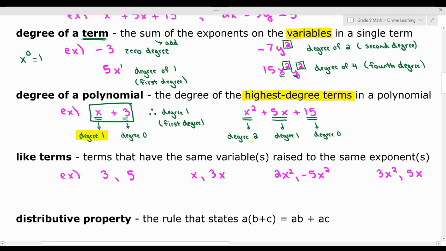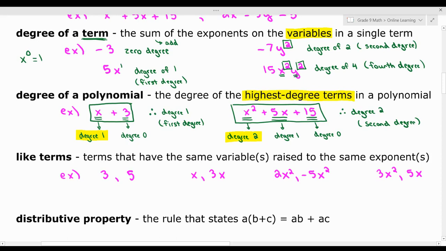And then again, so there's second degree, first degree, 0 degree. You have to take the highest. So then we would say that this polynomial, okay, would technically be degree 2. And some people like to say second degree. All right, so this trinomial, it's got 3 terms. We would say is actually degree 2.